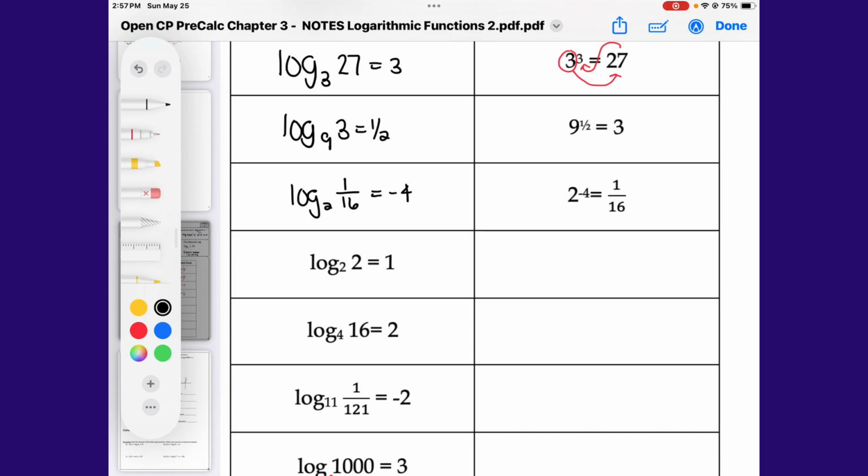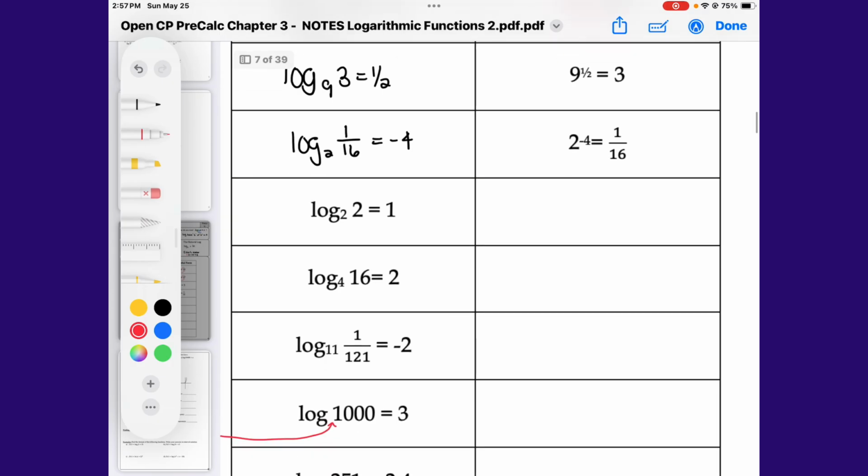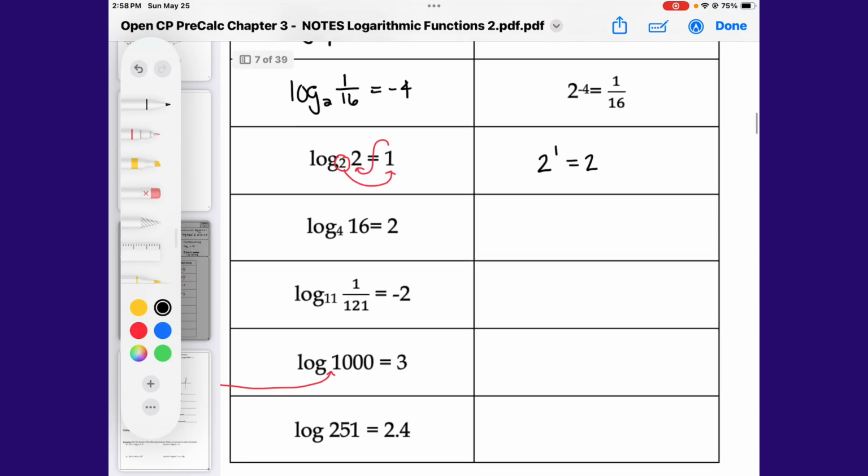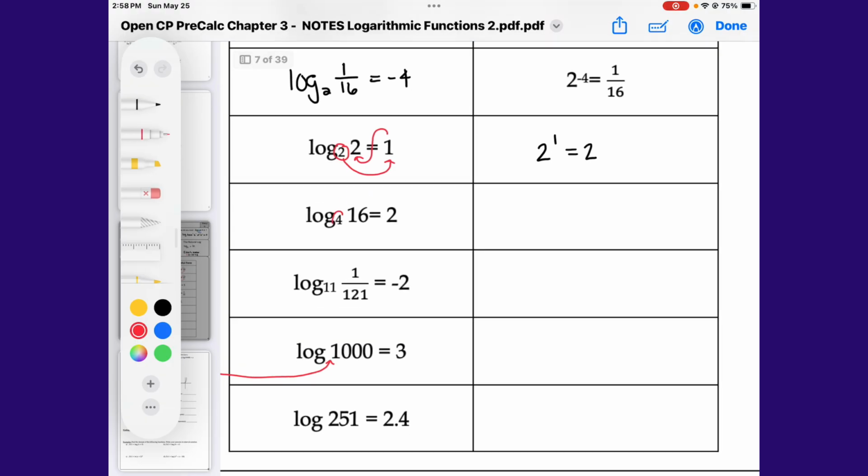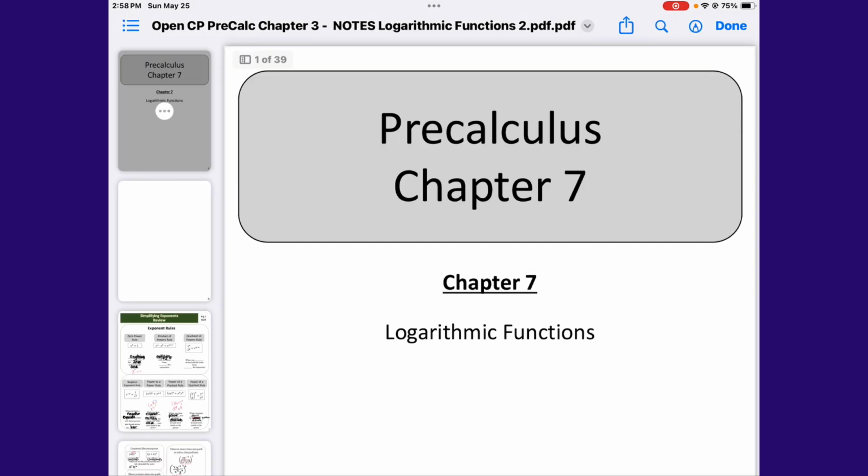So like you can see in that last one, it doesn't matter if the numbers are positive, negative, fractions. We still are just moving them from one spot to another. Now, if you're given a log form and you need to go into exponential form, we still start with the base, go across that equal sign, and roll through your equal sign. So 2 raised to the first power is equal to 2. I'll show you another one. 4, the base, raised to the second.